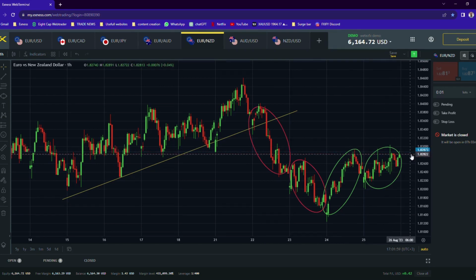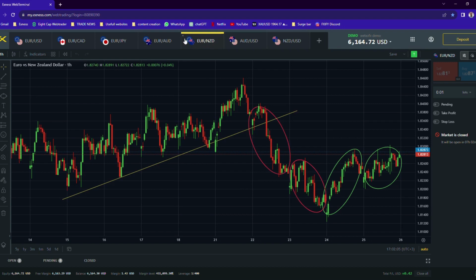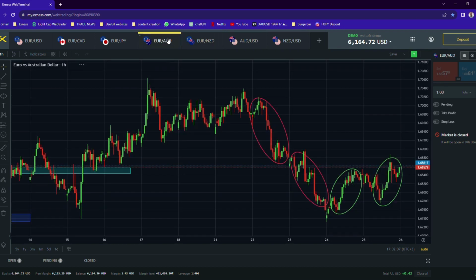So you're seeing that resistance being created right there. Now, why do these two have a similar structure? These two are based in the same time zones and locations, so the economic factors that influence AUD are the same that influence New Zealand, sort of. These two against Euro have a similar market structure.